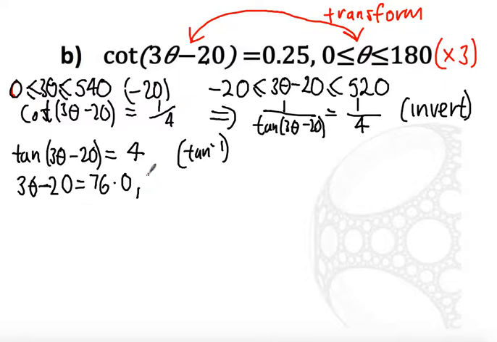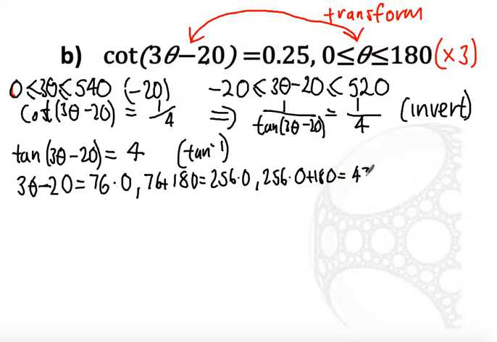So my other solutions are 76 plus 180, which equals 256.0. I can still keep going, so let's add another 180, 256.0 plus 180 equals 436.0. If I add another 180 degrees, it's going to go outside that range of 520. And clearly, if I subtract 180 degrees from this, it's going to go outside the range of minus 20.